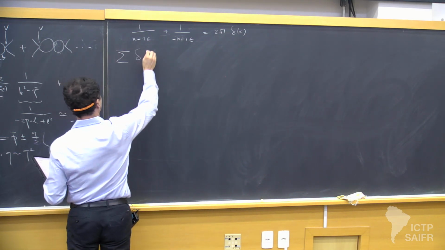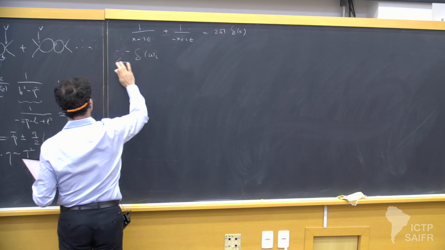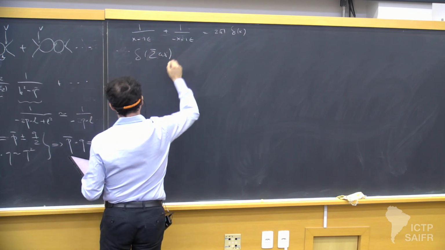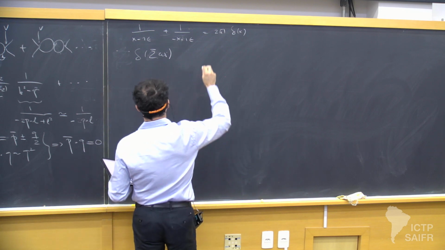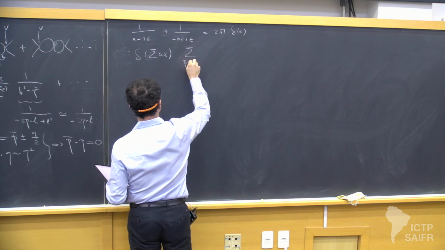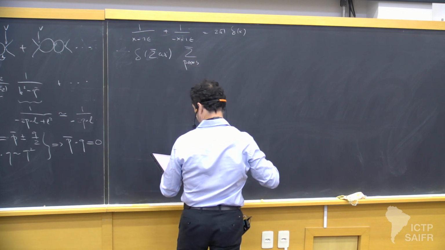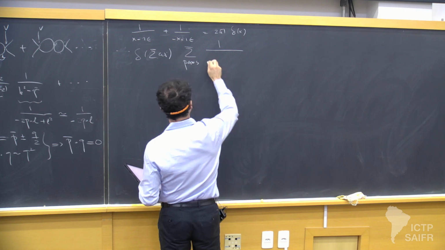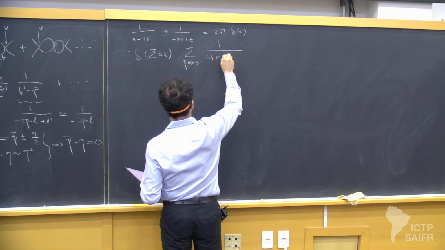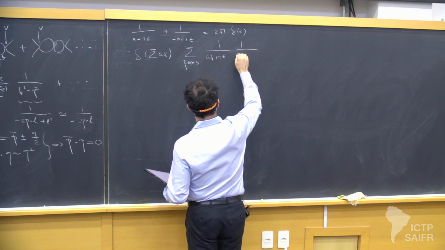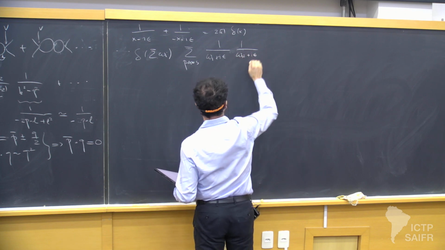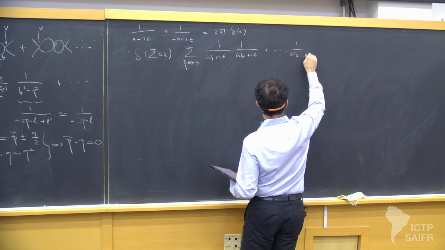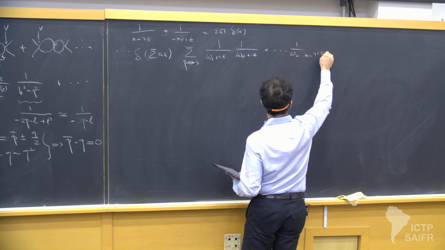There's a delta of the sum of omega i's, and then there is a sum over permutations of the following: 1 over omega 1 plus I epsilon, 1 over omega 1, 2 plus I epsilon, up to 1 over omega 1 to n minus 1 plus I epsilon.